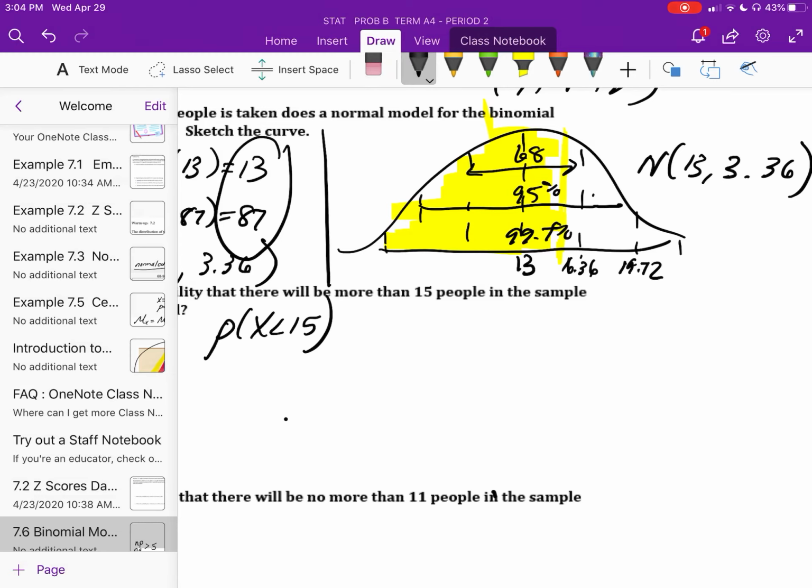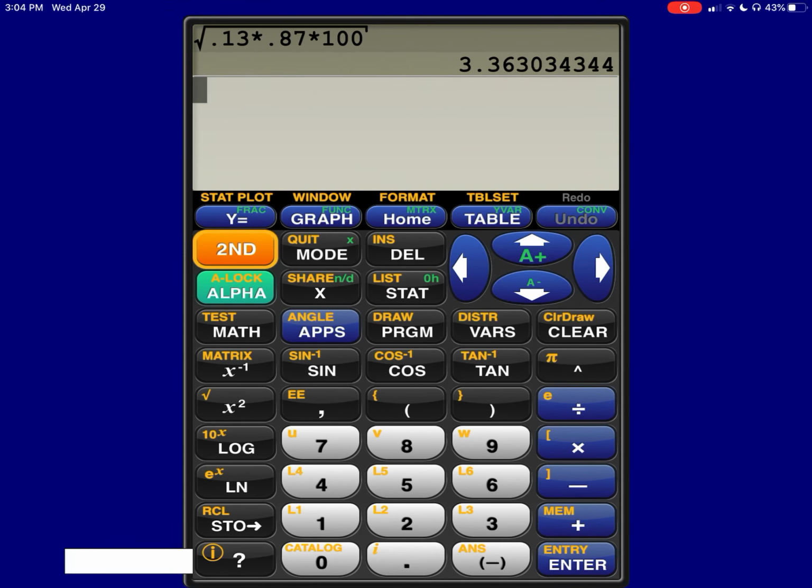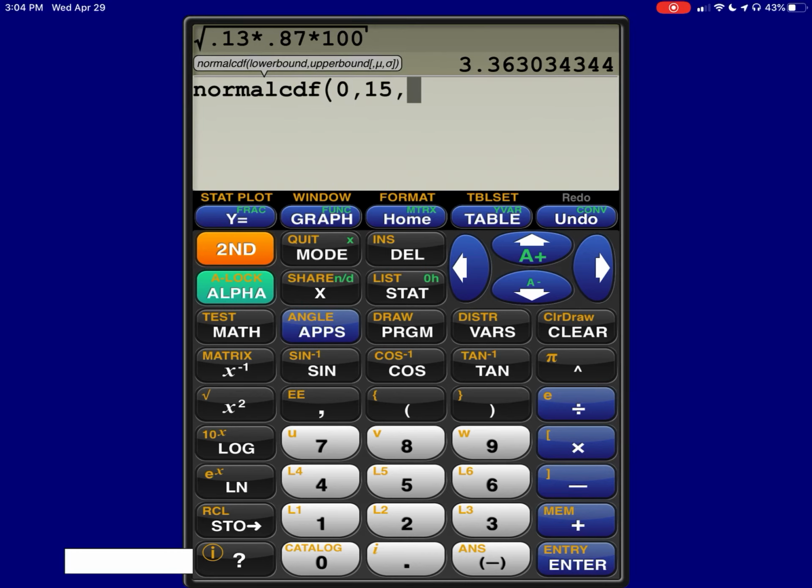And if you recall, it's just a normal CDF where the lowest amount of people you could have in the class is 0, the most we want is 15, the mean is 13, and the standard deviation is 3.36. So you can use normal CDF from 0 to 15, and the average amount of left-handed people in a group of 100 is 13, and it's 3.36.